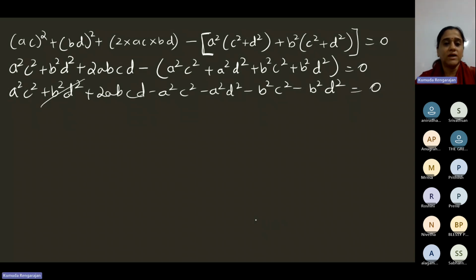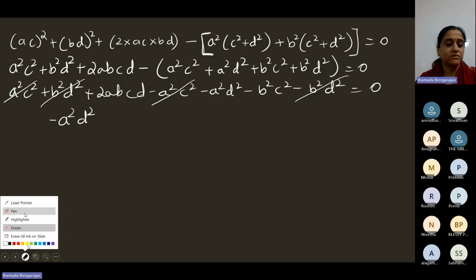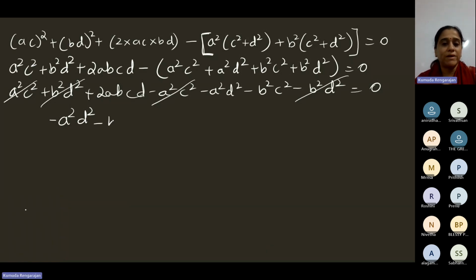So now cancel, cancel, cancel, cancel. That's all. Okay, so now we have three terms. Again, so minus a squared d squared, minus b squared c squared plus 2abcd is equal to 0.